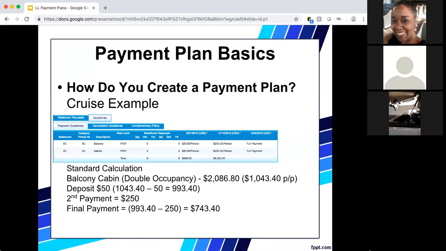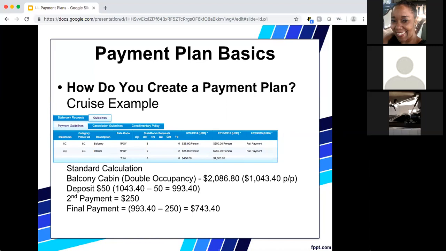Now with GoCCL, their standard calculation, they're going to give you a deposit amount and a date, a payment amount and a date, and then a final date. So in this particular case, they were requiring a deposit on June 27th, another payment of $250 on December 13th, and the final balance to be paid off by February the 28th.